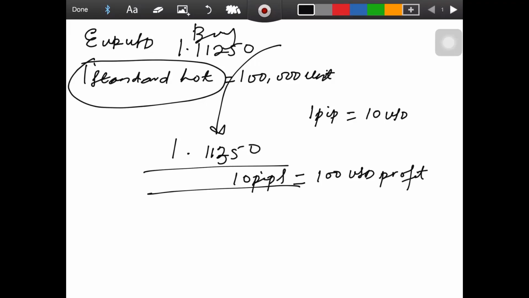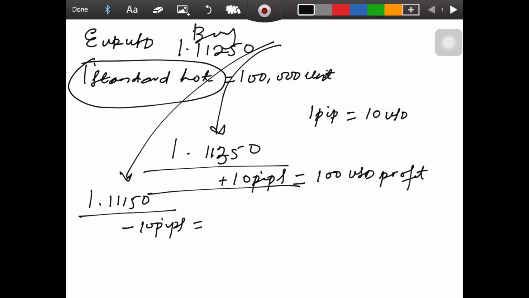Okay, the same thing applies when you have a loss. So if you bought at 1.11250 and the price went to 1.11150, that is going to be minus, so this is plus, that is minus 10 pips in the negative, which is equal to minus 100 US dollars loss, or negative if the trade is still open.